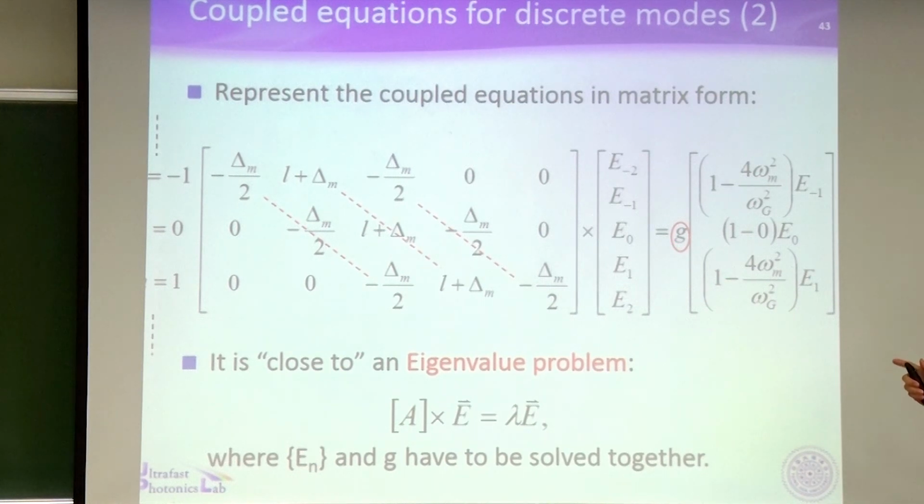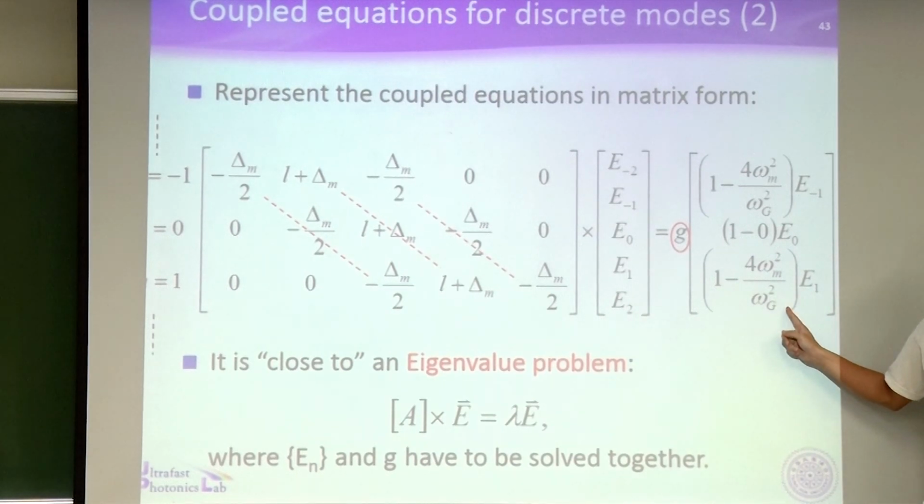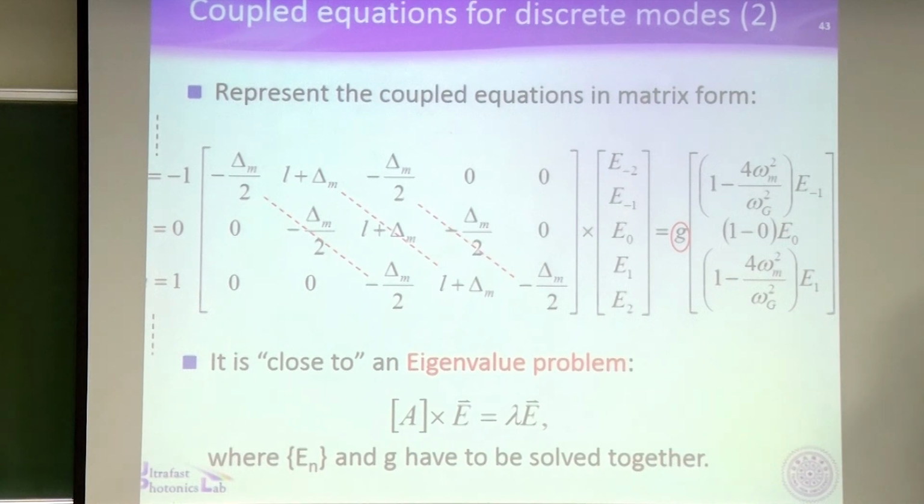But it's not the standard eigenvalue problem because this vector is different from this vector, right? It's not exactly the same, but close. So now you can tell why linear algebra is so important. It's everywhere. You cannot escape the shadow of linear algebra, even now that you are in graduate school.